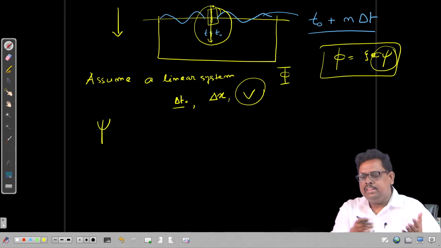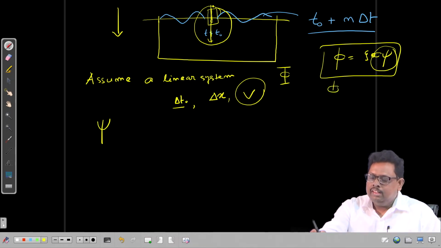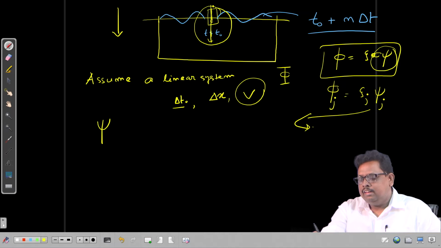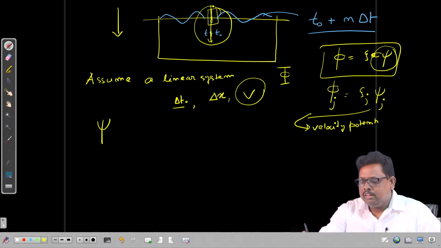This is well known; we have done it in our previous lecture. Please refer to the previous lecture, where I defined the velocity potential phi j equal to xi j multiplied by psi j, where psi j is nothing but the velocity potential for unit amplitude of the motion.